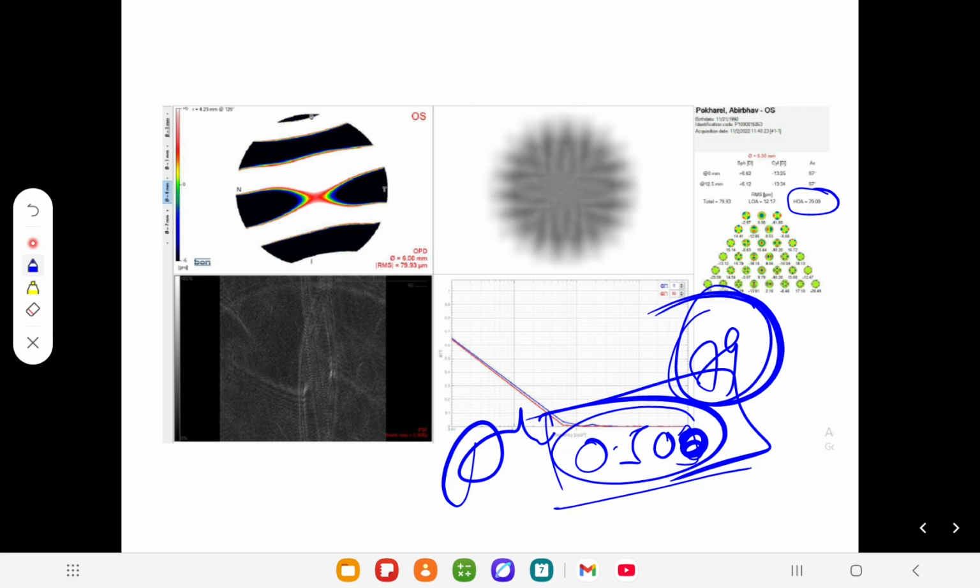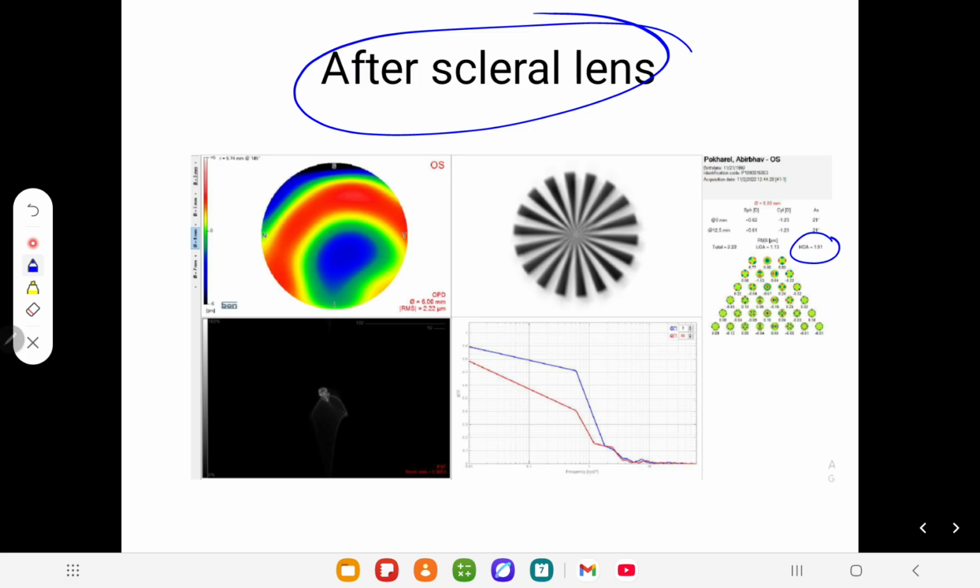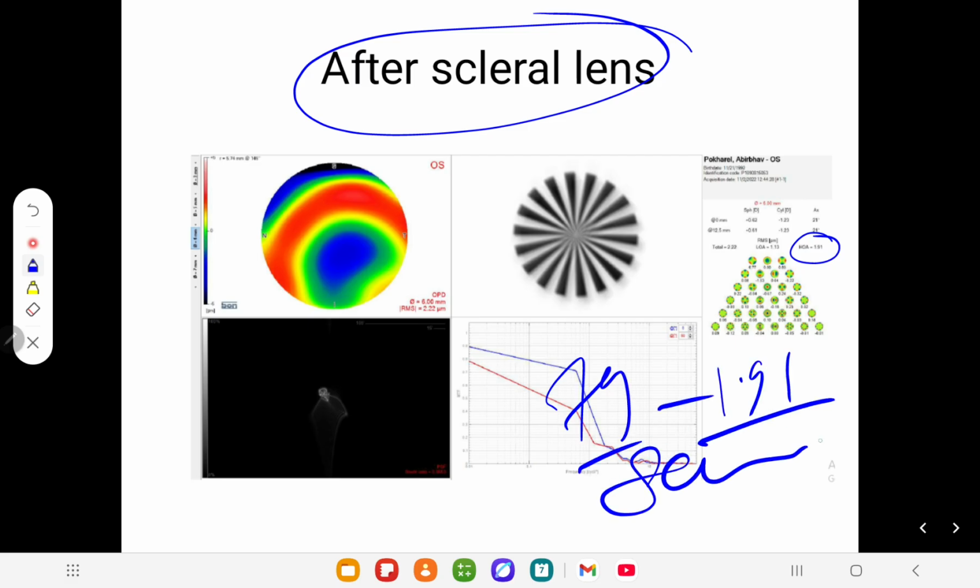But 79 is a lot. And then when I put the scleral lens, after the scleral lens trial, it comes to 1.91. Still 1.91 is high, but from 79 to 1.91 with scleral lens. That's why we call scleral lens a magical lens. It's really a magical lens. Okay.